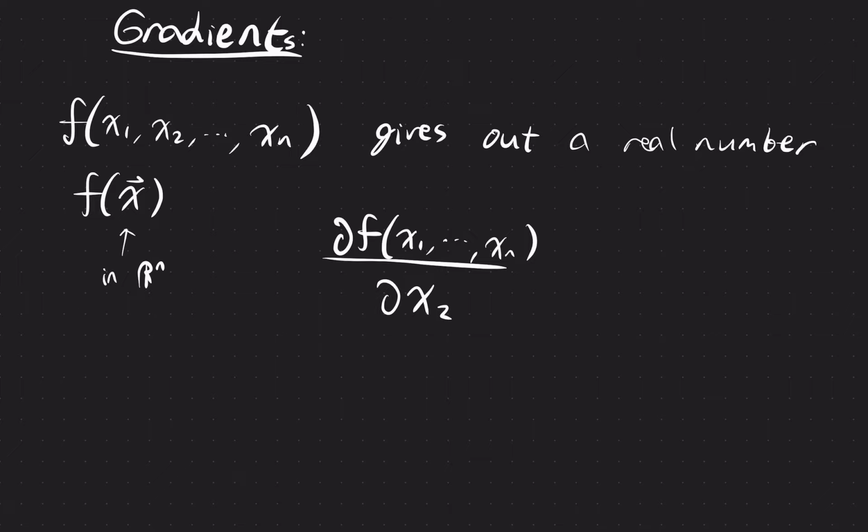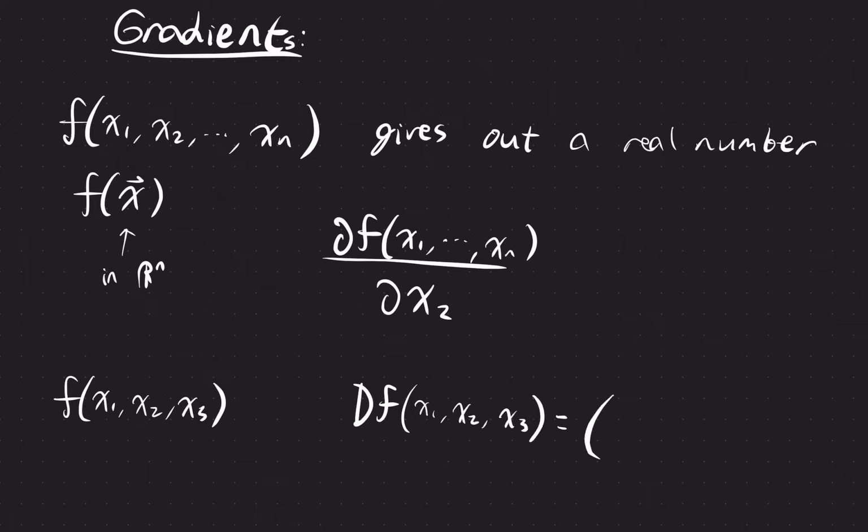And a gradient is the idea of taking each one of these partial derivatives and putting them in a vector. So if f is, say, a function of x1, x2, x3, it takes in 3 variables, then we define the gradient of f as the vector of these partial derivatives.